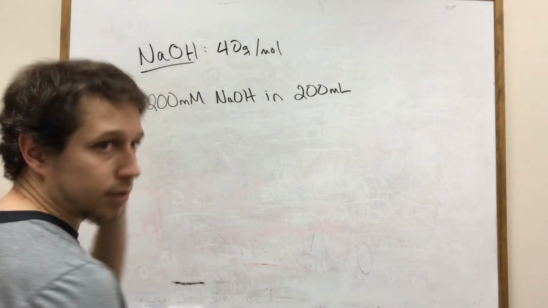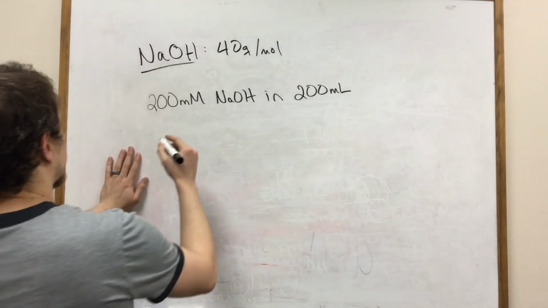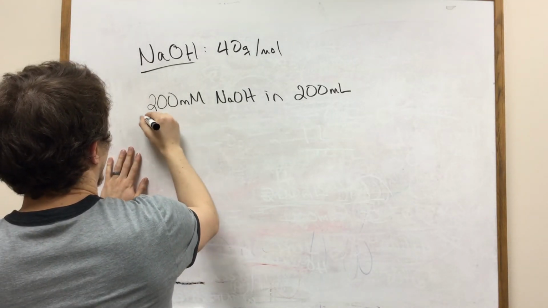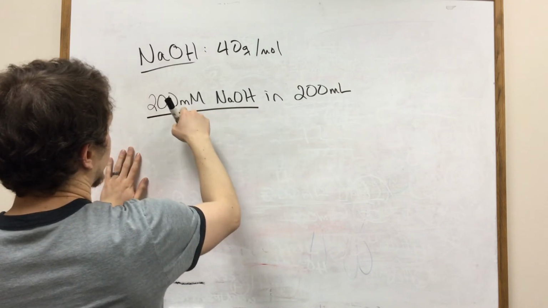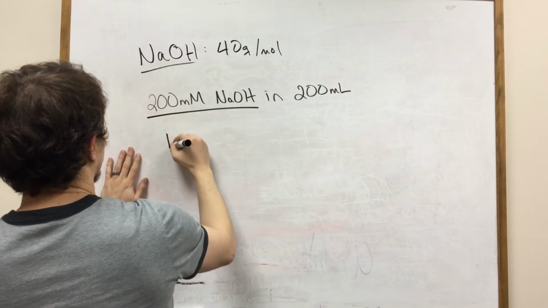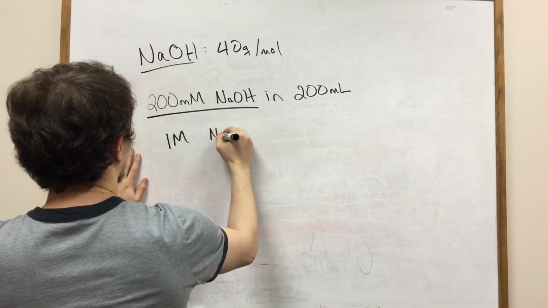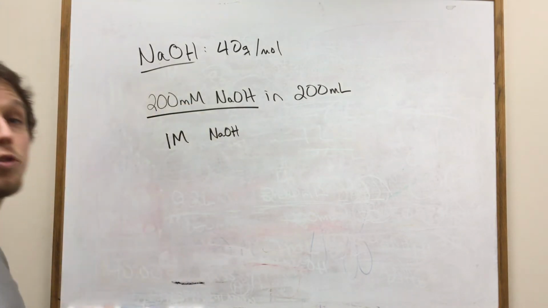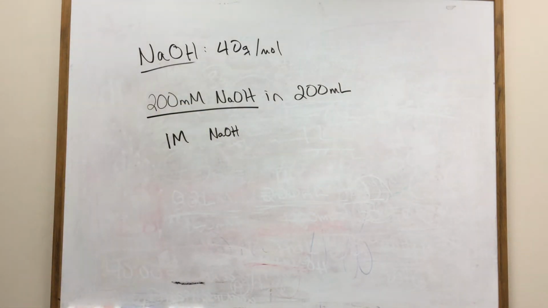What I like to do is similar to what we did before. First and foremost, I like to figure out how many grams of sodium hydroxide I would need to go from 1 molar down to 200 millimolar. Okay?